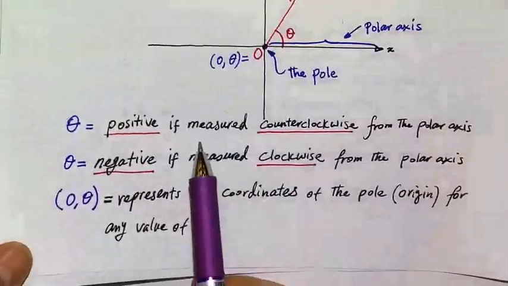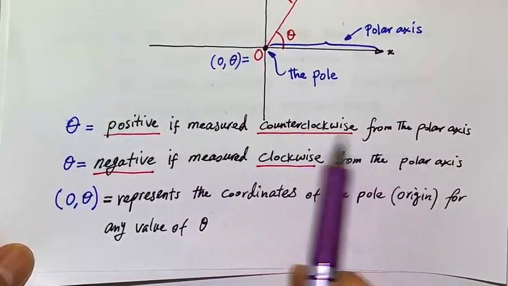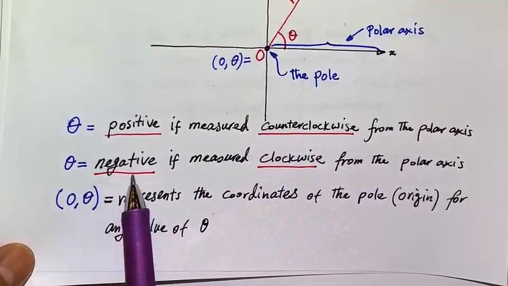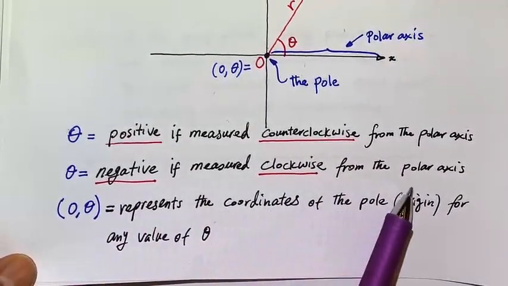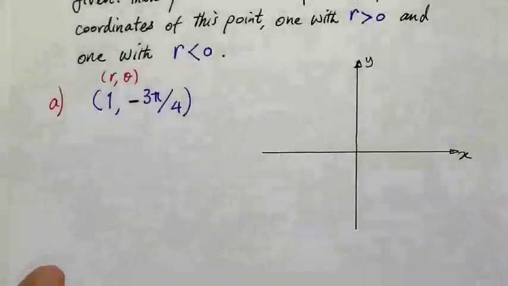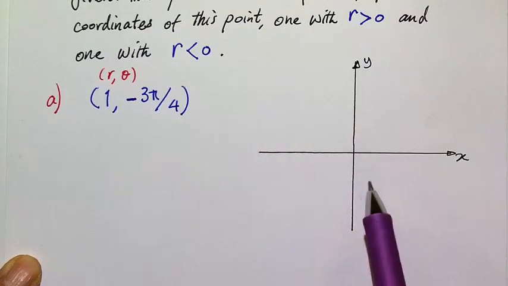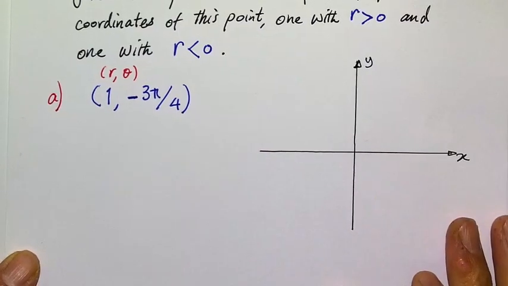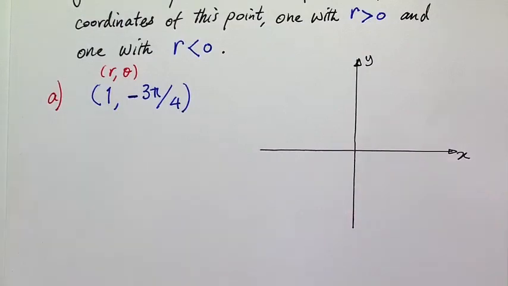If it was positive, it's measured counterclockwise from the polar axis. If theta is negative, it's measured clockwise from the polar axis. So because it's negative, we need to go in the clockwise manner. We're going to start from the polar axis, right?